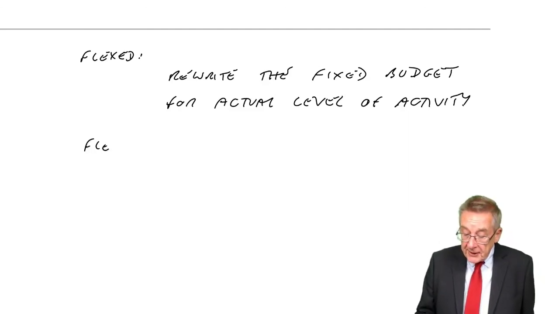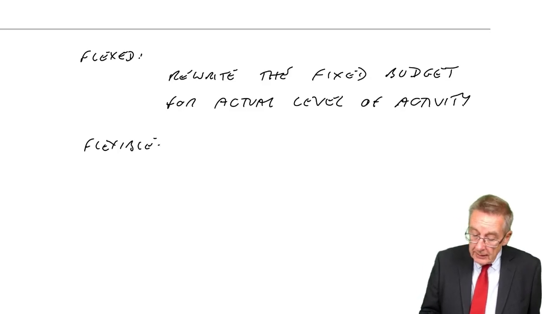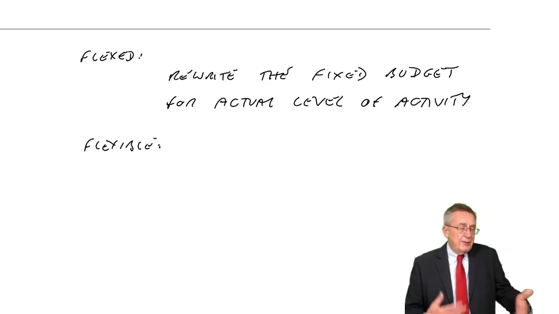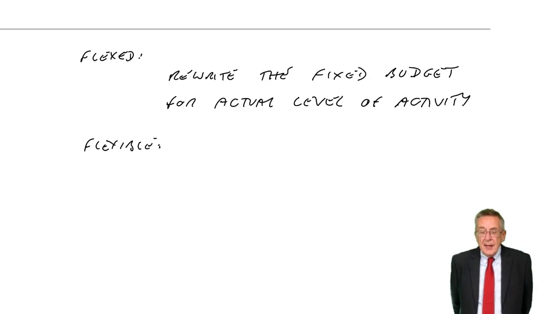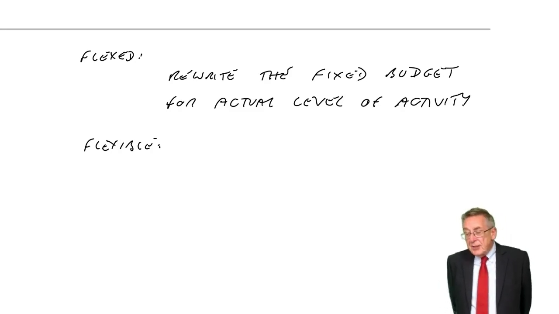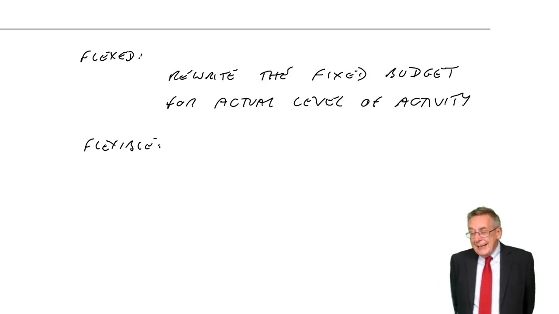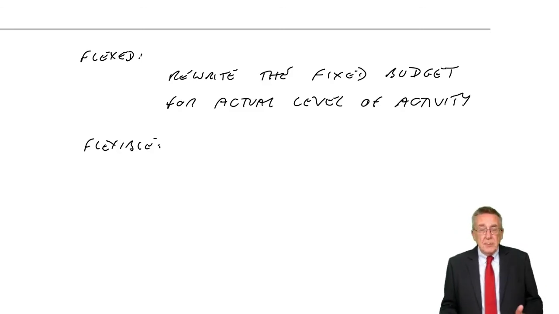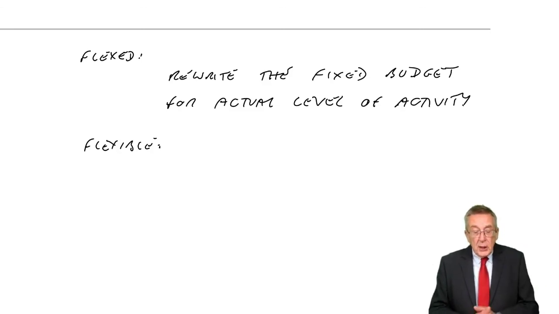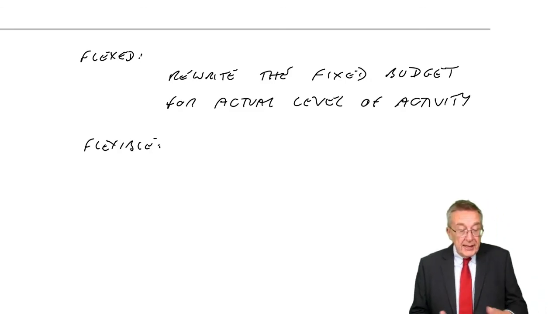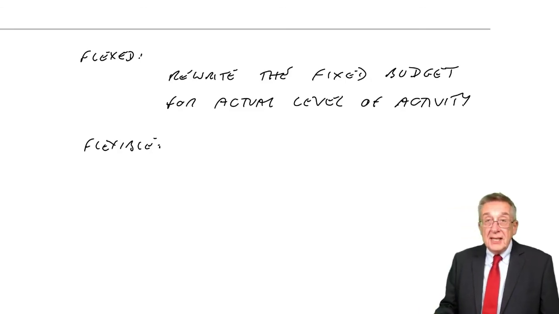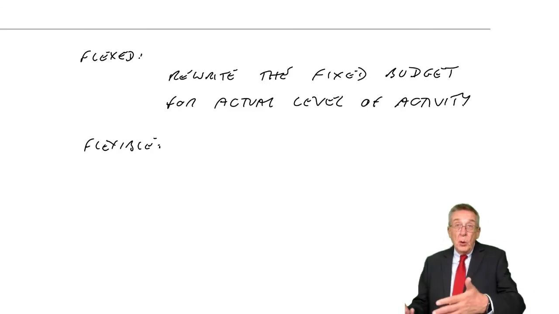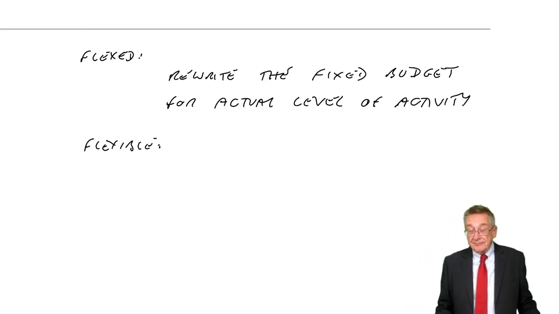As far as flexible is concerned, most people regard the two words as meaning the same. It's simply that with a flexible budget, you don't know what's actually going to happen, obviously. We don't know in advance whether the actual sales and production will be as budget at 10,000, or whether they end up being more or less.